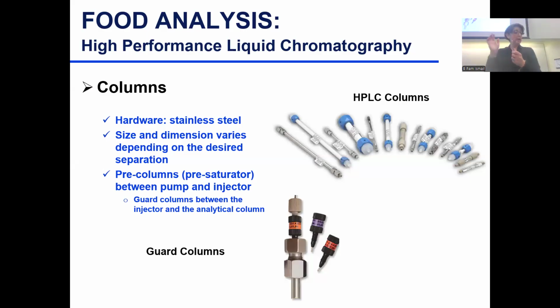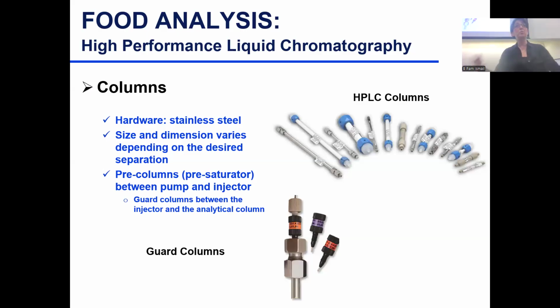I don't have a UPLC column here. It can be even smaller and thinner. So many different options. And as Emma told you, you don't want to drop it, because the internal stationary phase can break inside and there's no way you can fix it.